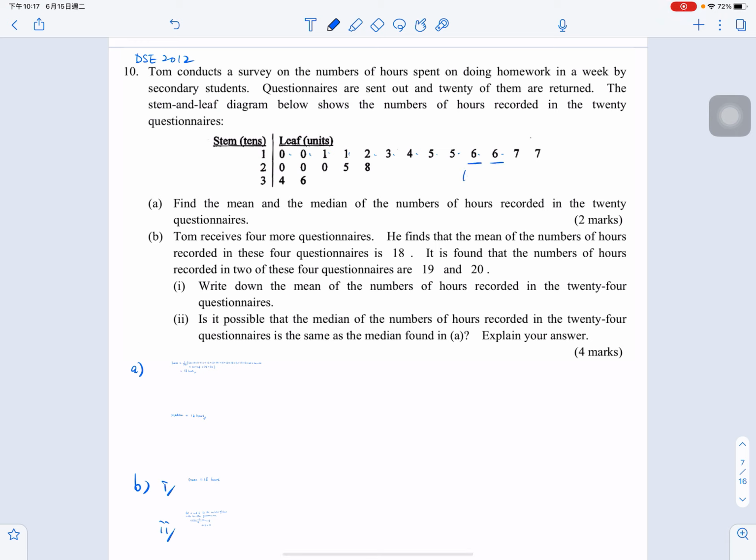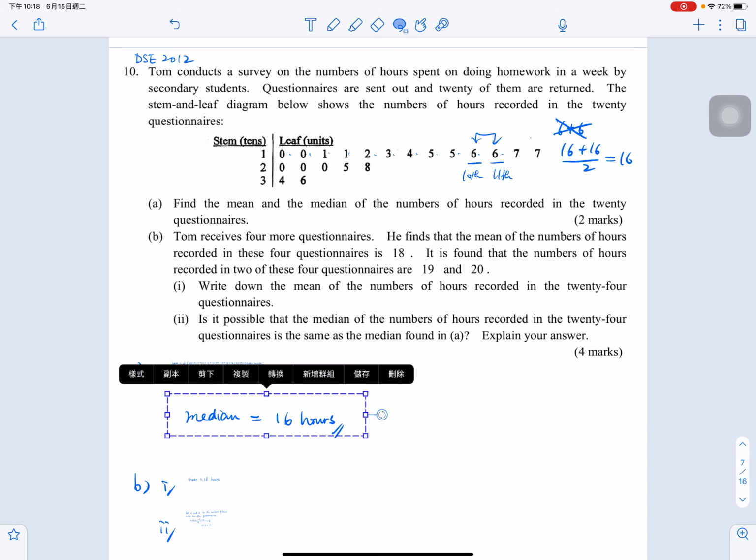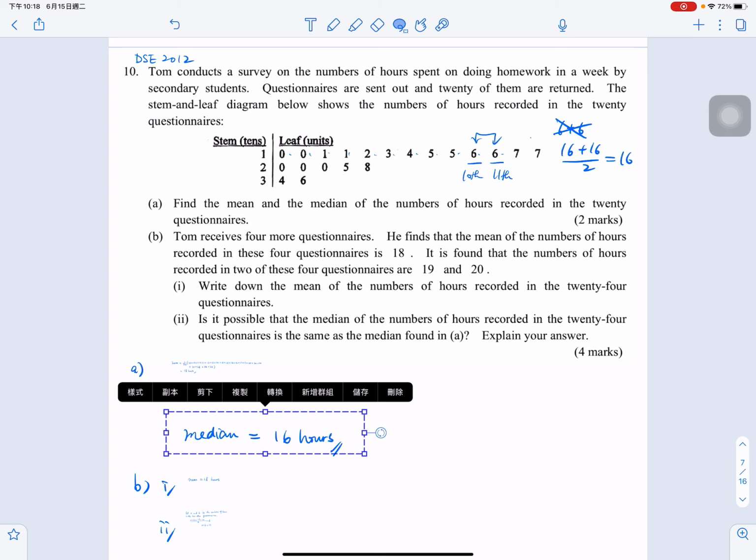The 10th and 11th, add these two up and then divide by 2. So 16 plus 16 divided by 2. So it's 16. So the median, not difficult. So this is the median, 16 hours.